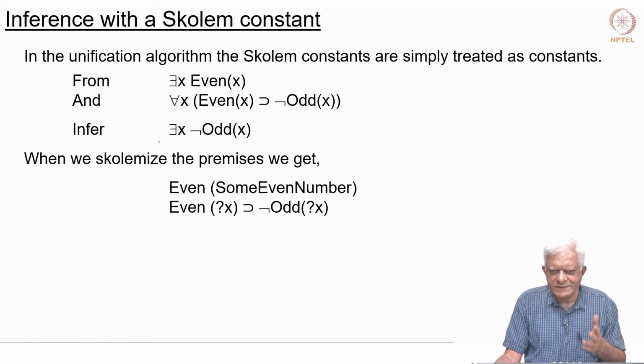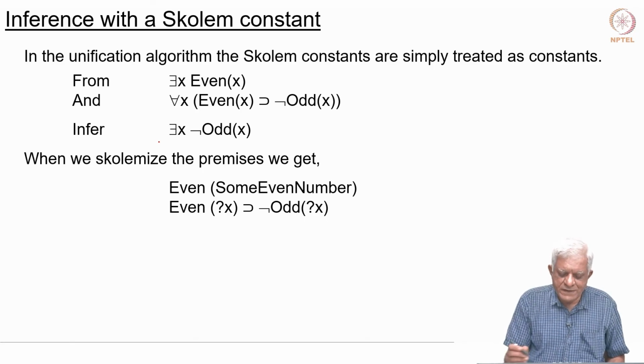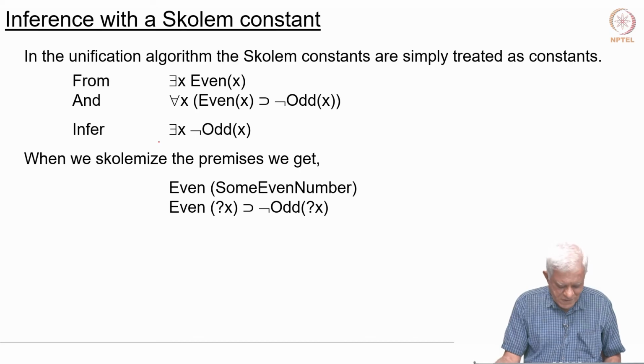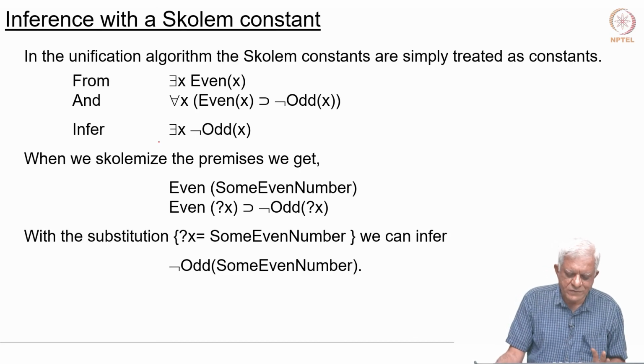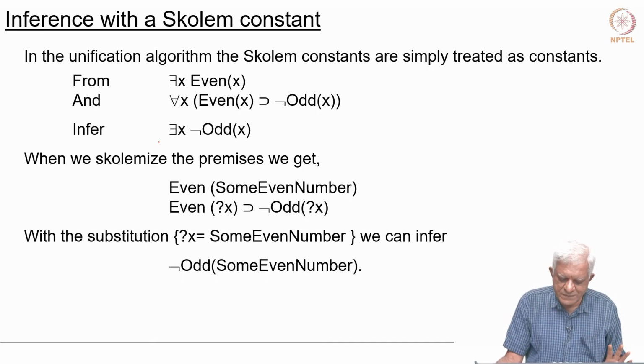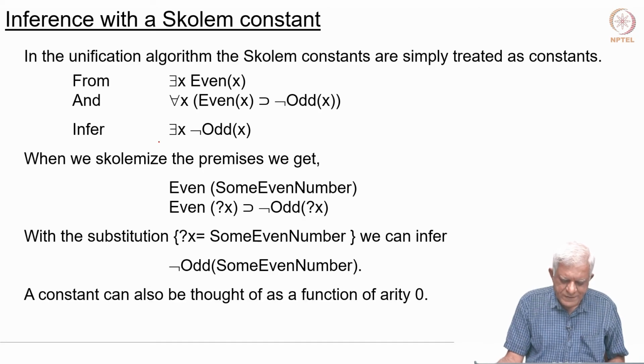That is because in the existential statement we do not know which x we are talking about. The second one is of course universal. It says for every x, if x is even, then x is not odd, and we can simply go ahead and use our standard substitution unifier and infer that there is some even number which is not odd. So, that works.